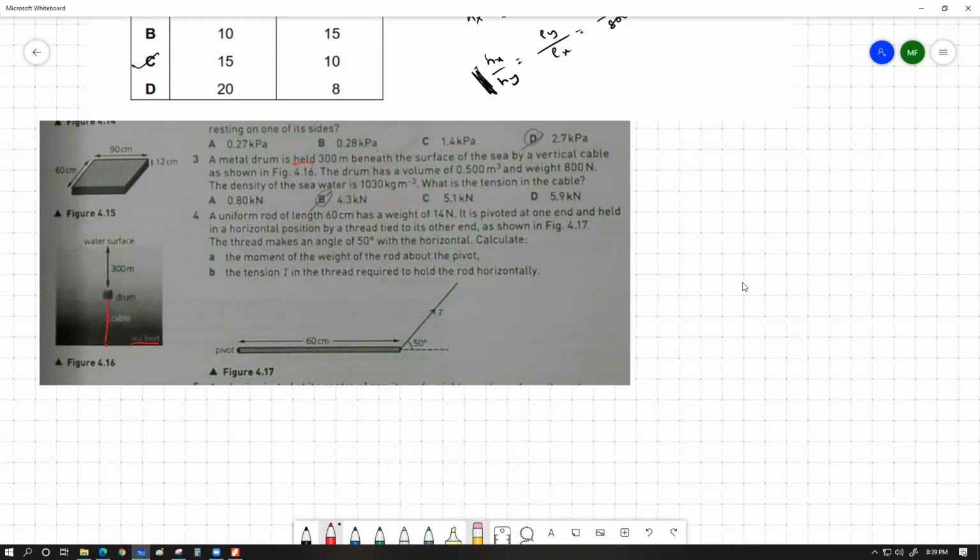Actually we don't need the dimensions, because we have the volume of this object and we have the density of the seawater.